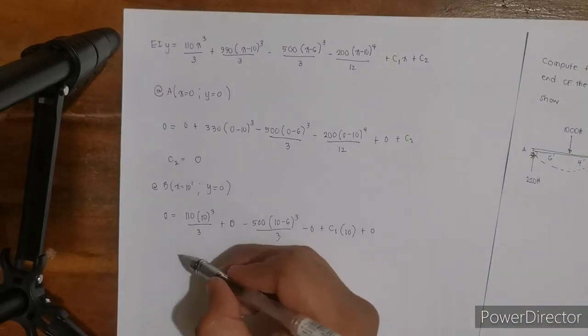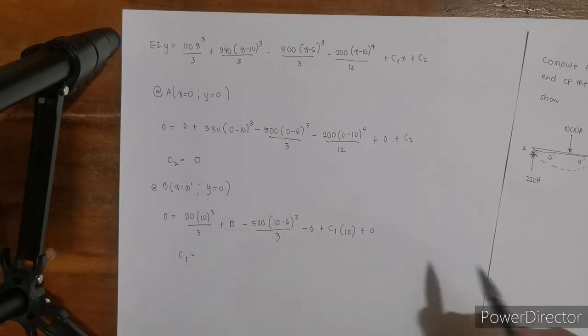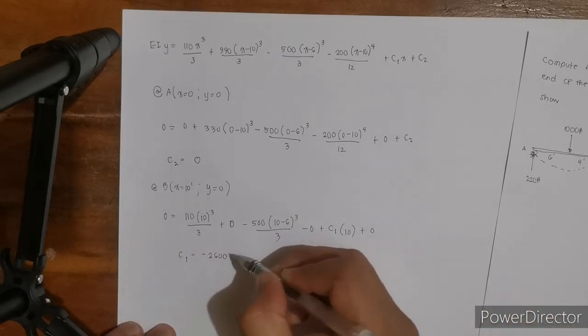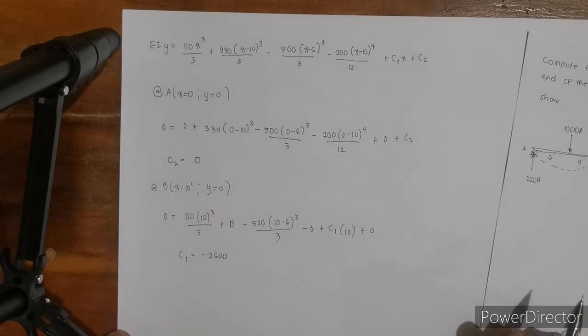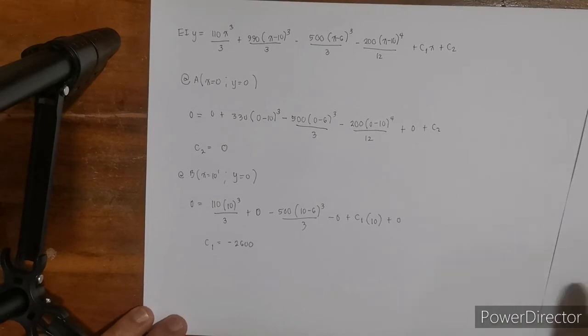So, computing for C1, calculator lang yun guys, you will get a value of negative 2,600. So, nakuha na natin yung values ng constant natin.